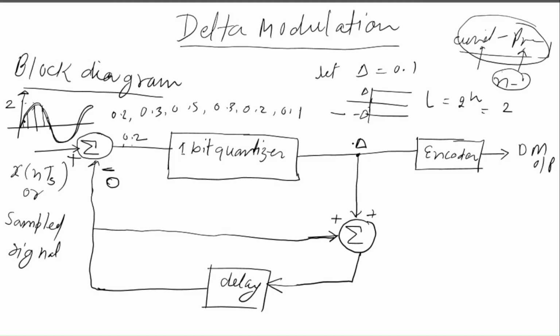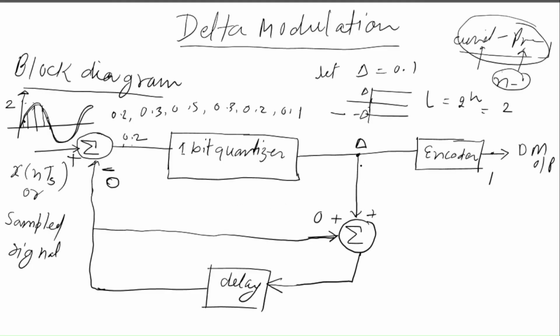If this is delta, then the encoder encodes it: if it is plus delta, it gives the output 1, and if it is minus delta, it gives the output 0.